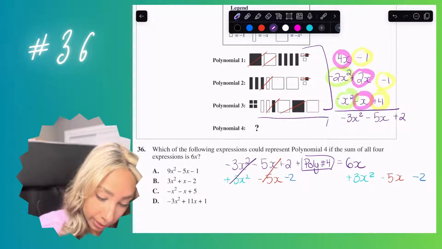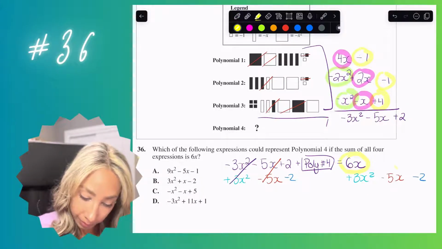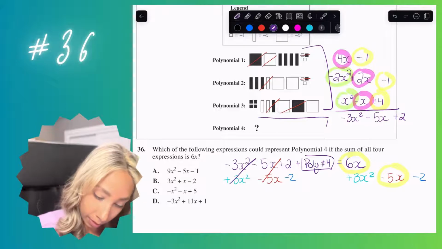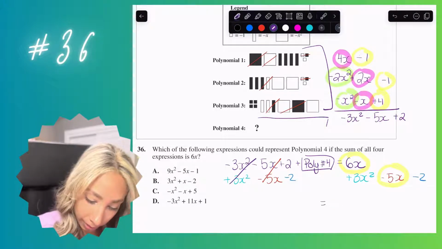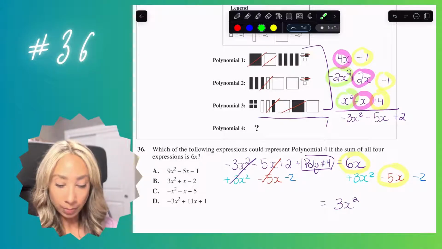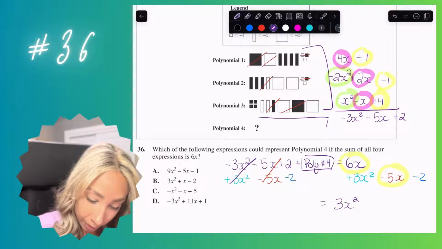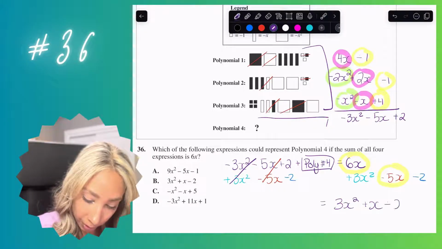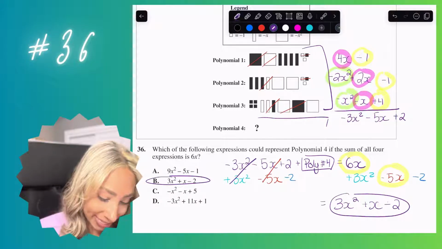So what we can notice here is there is a set of like terms just right here that I can combine. So that's going to leave me with 3x squared, which is just coming from here. Our like terms can be put together here, which leaves me with positive x, and our minus 2 we can just bring over. Altogether, that's going to leave me with my answer, which is going to be option B.